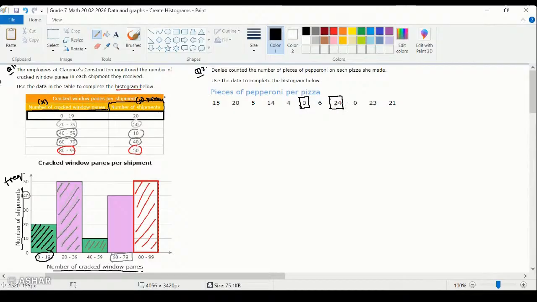So we have to go maximum till 24 or 25. So we can consider a gap. Before doing so, can we say X represents pepperoni per pizza?